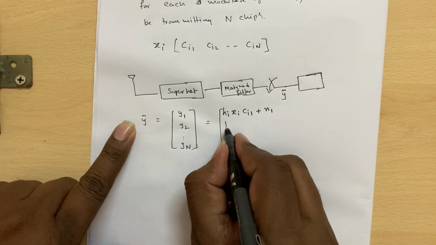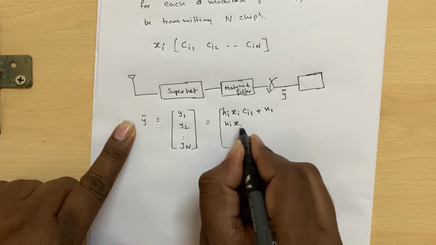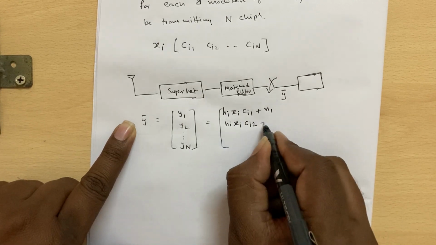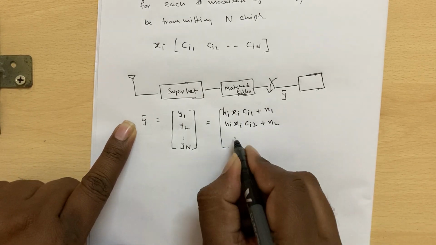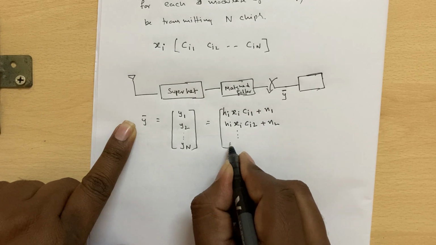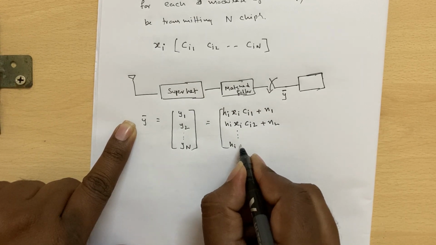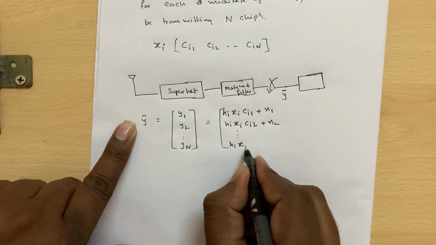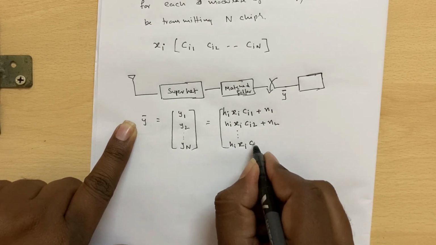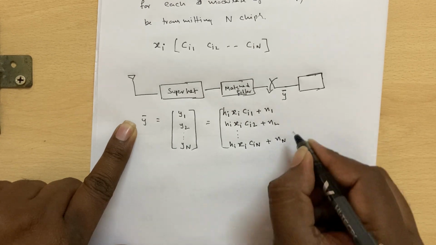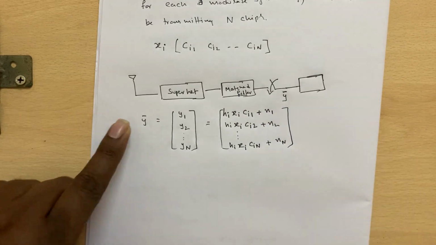Similarly, Y2 is nothing but Hi and Xi, and the second chip is Ci2, plus N2. Like this you will collect n chips. Each chip has the same channel coefficient and the data symbol is the same, and only the chip varies. So CiN plus noise will also be varying like this.